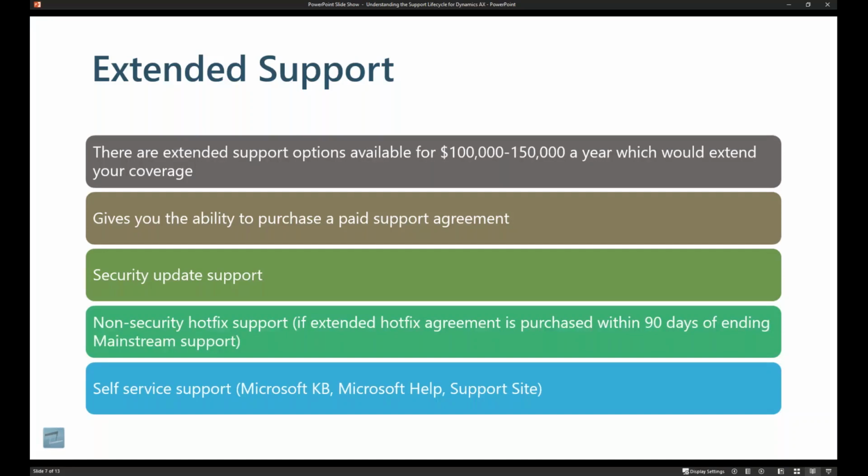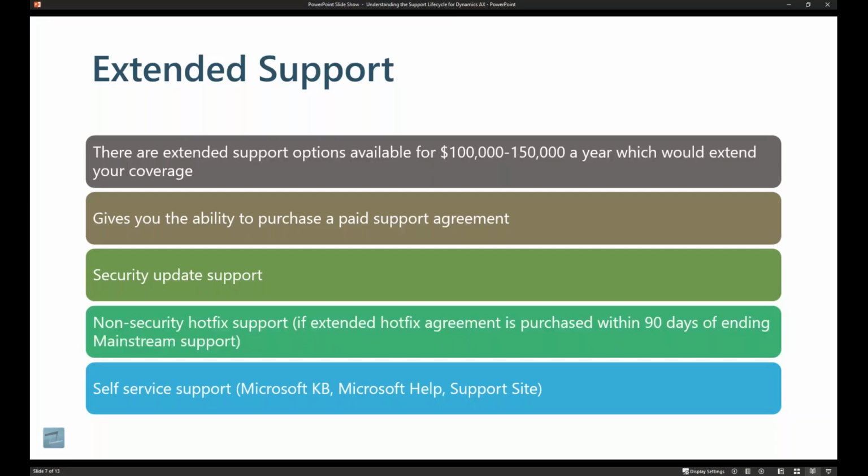Now, this varies, and there's some variables that come into it, and so we'd have to look at your environment or your user count and your requirements for that extended support, because there are options then inside of that extended support of whether or not you want security updates or whether or not you want to be able to do paid support agreements. But there is that option for you.